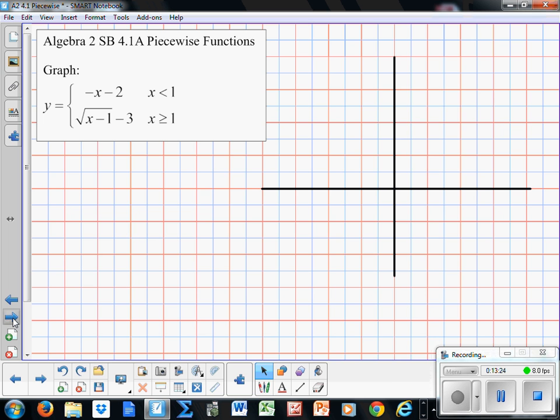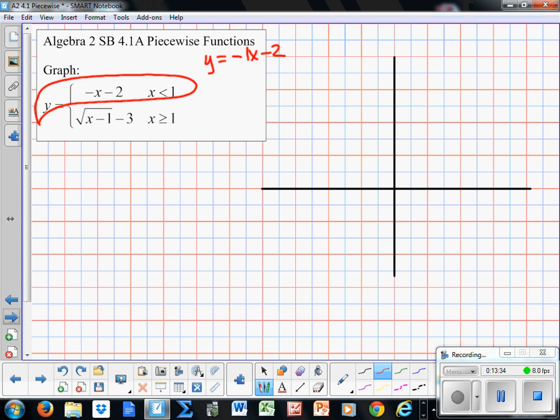I think this will be our last one. So we have y equals -x minus 2. Now, if you want to say -1x minus 2, that's good. And if you want to put that over 1, you can, because I know it's easier to track slopes when you're thinking rise and run. So y-intercept -2. Slope is down 1 and right 1.